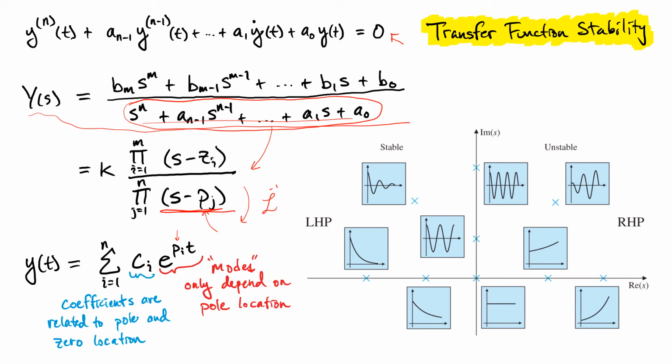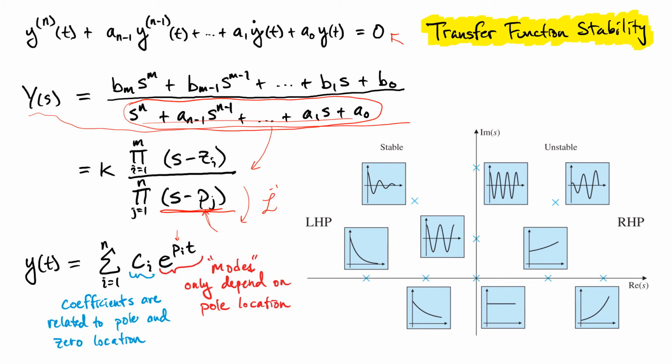So each term in here is a mode, and that mode is going to be either stable or unstable depending on the sign of the real part of that pole location. So again, poles, because they're the roots of this polynomial, they can be complex.